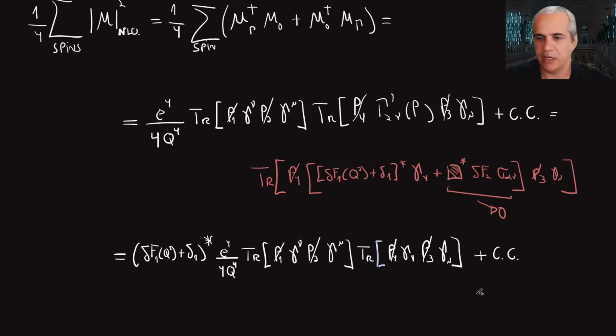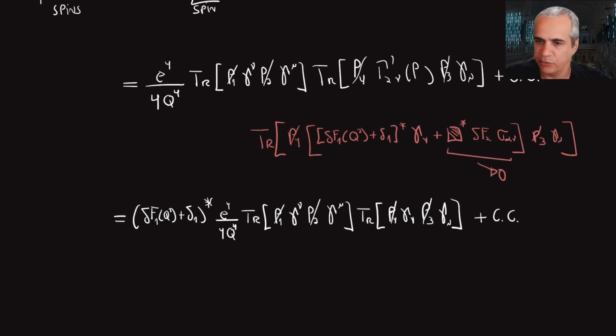Everything again. But now this thing we know, right? This is just the tree-level matrix element, with no corrections to the vertex, where I basically just moved the correction to the QED vertex as a multiplicative factor in front.